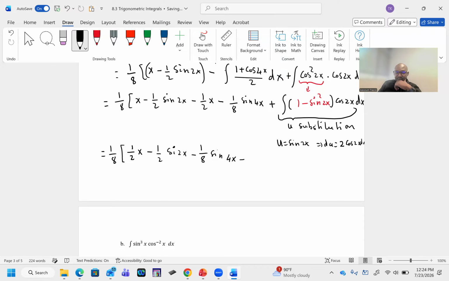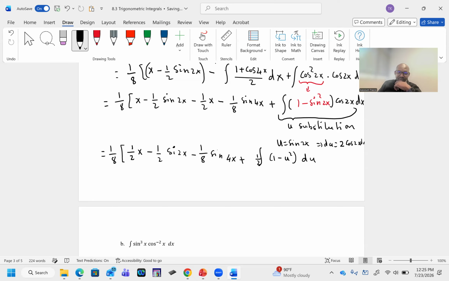Now plus, using the u substitution here, this integral will become 1 minus u squared, take the 1/2 out, du, right?